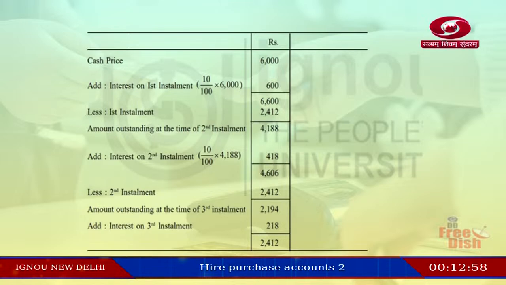Now we will calculate the amount of interest on this amount at the end of the second year. 10% of 4188, so amount comes to 418. So total is 4606, less second installment, again it is 2412. So the outstanding amount at the end of the second year, at the time of the third annual installment, is 2194.